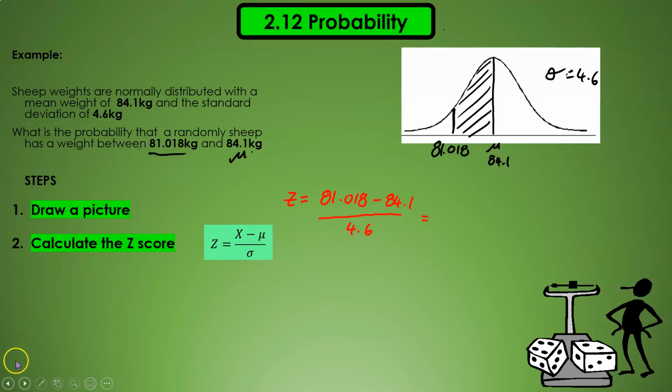Now I put that into my calculator, which gives us an answer of minus 0.67. We haven't had a minus before, and the reason why is we've been dealing with things on the right hand side. Remember, in z values, the mean is 0, so anything less than that is going to be a minus. So having a minus isn't too much of a surprise.